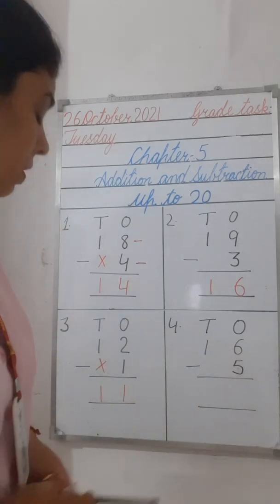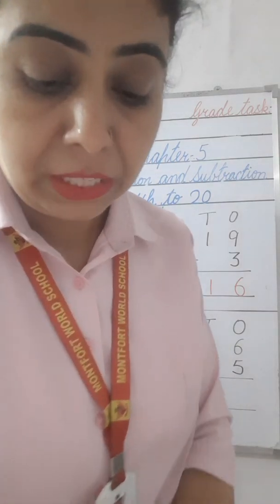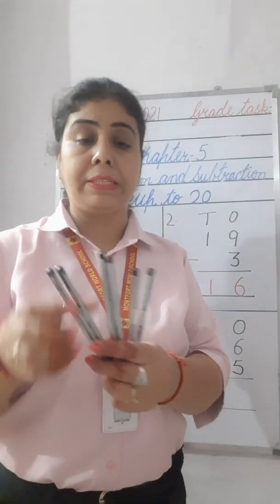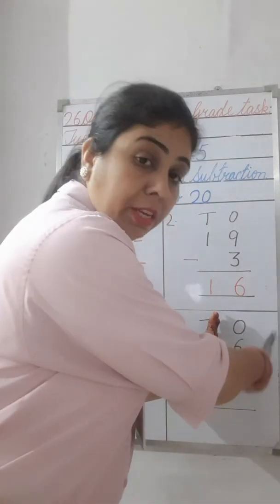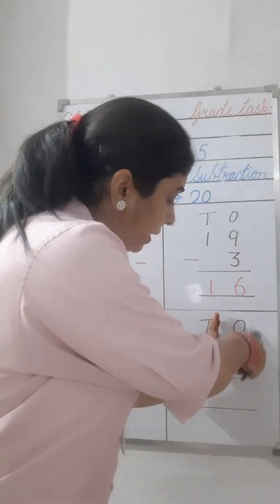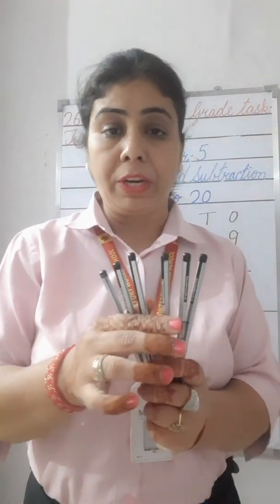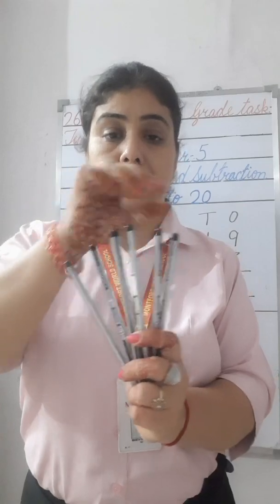Fine. Now 16 minus 5. This also we will do with pencils. Firstly we will do this part. In my hand how many pencils are there? 6. 1, 2, 3, 4, 5, 6.